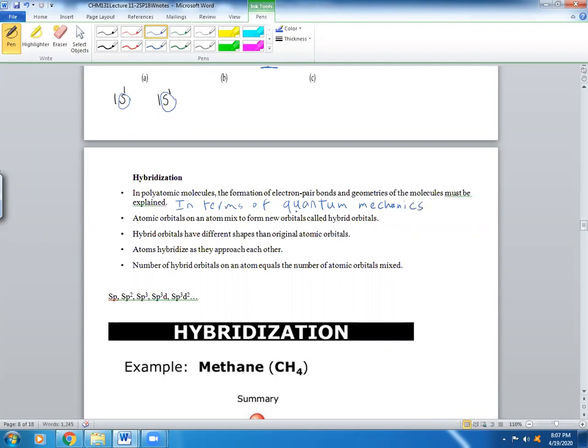You have to use quantum mechanics. Otherwise, what we have learned was a waste of time. Atomic orbitals on an atom mix to form new orbitals called hybrid orbitals.